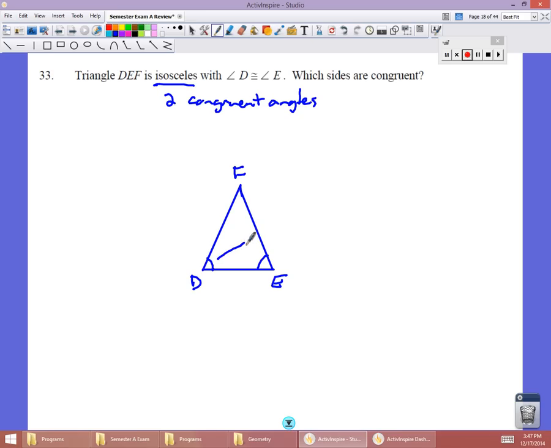So if these angles are congruent, that makes this side and this side congruent to each other. So in this case, side DF is going to be congruent to side EF. Okay? Again, drawing the picture is going to help us immensely.